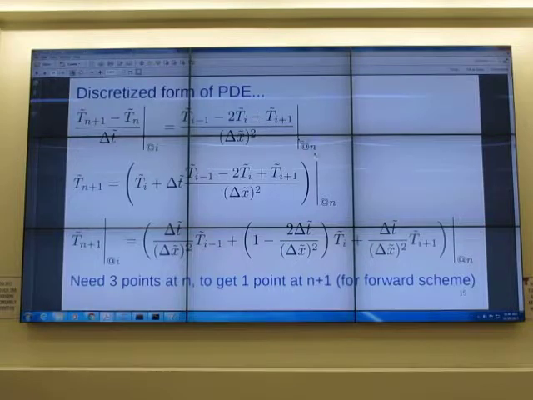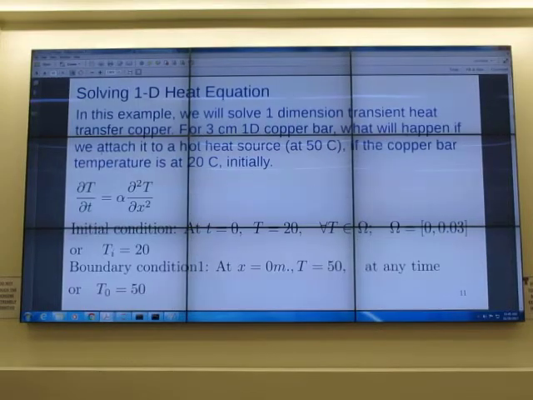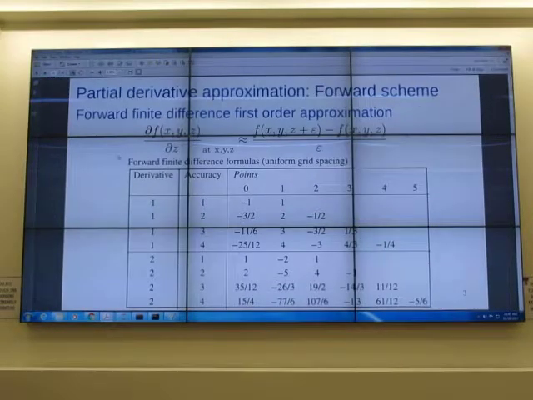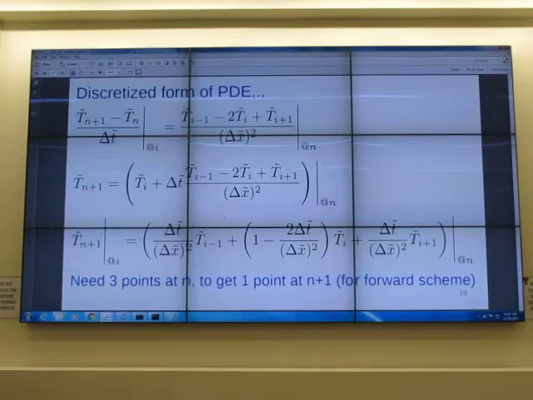So everything is defined at the current time step n. This one is the forward scheme, right? From the table of the forward scheme I have minus 1 and 1. Minus 1 is for the current point, so I have minus 1 over here and 1 over there. Good?